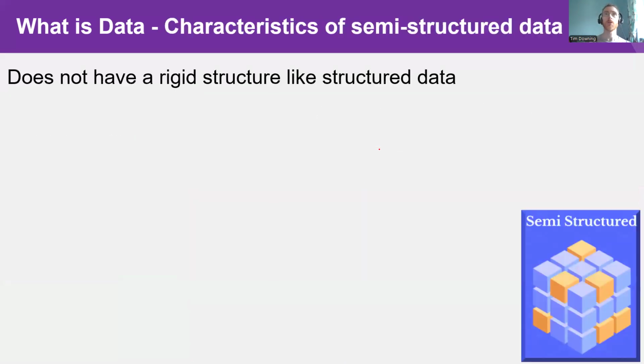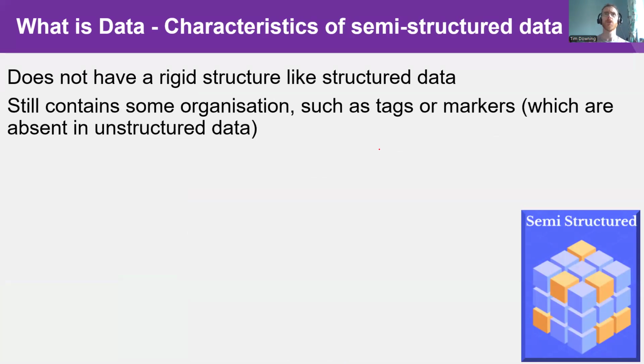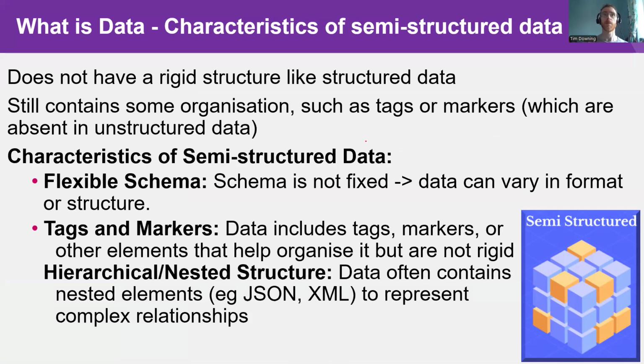If we look at semi-structured data, that's more varied structure, may contain tags or markers that are not present in unstructured data, and those could act as delimiters to separate it out. So the arrangement of the data is not fixed. It can vary in being very short or long. There may be known markers that help you define the start and end of different things, and may be quite nested depending on the complexity of the data set.